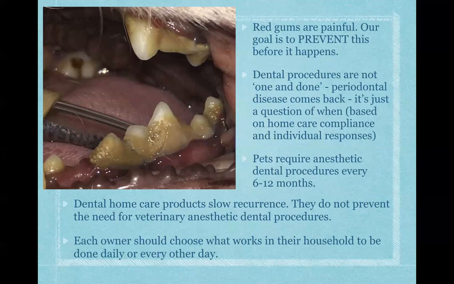So essentially, if you have home care on board, the most you're going to be able to last is every 2 years if you have the perfect pet that doesn't respond with severe individual responses. So basically every year is what a pet needs, sometimes more frequent, and the least you can pretty much go without having some sort of bone loss is probably every 2 years.